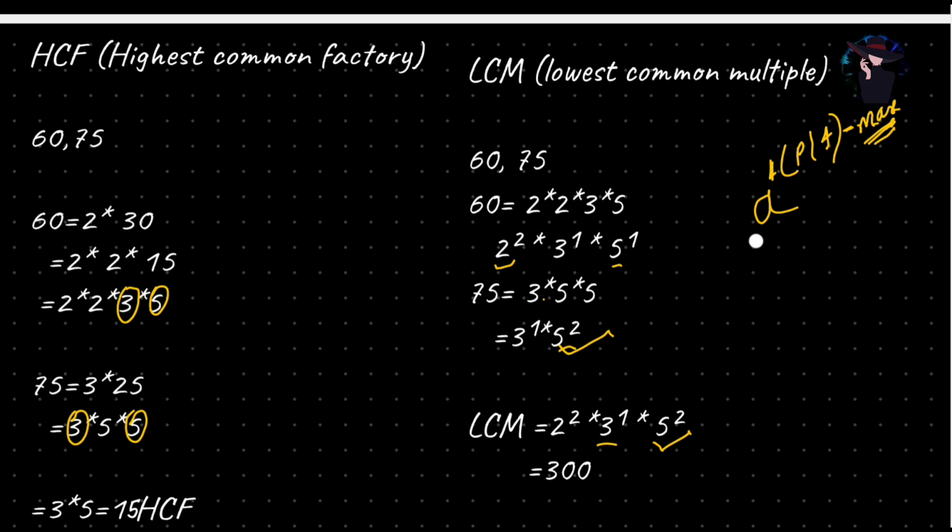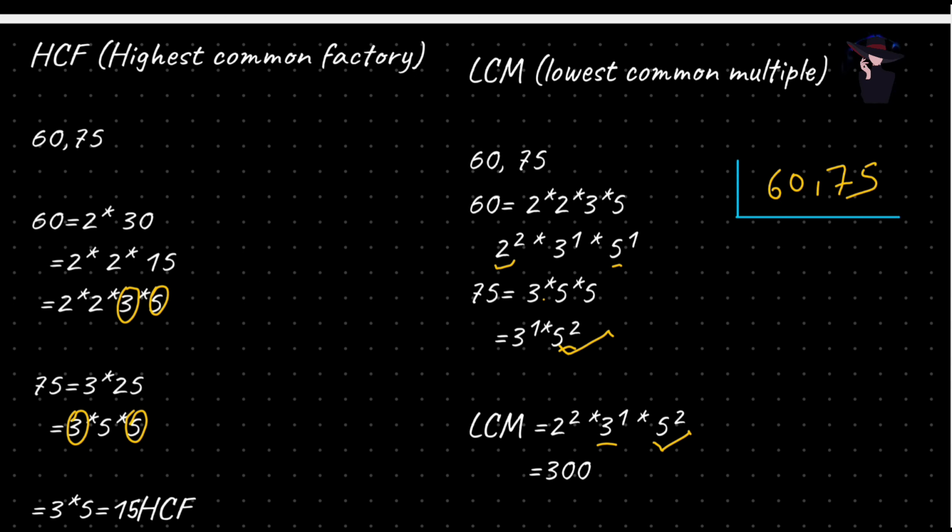The best way to find LCM is using the ladder method. I'll just show you. Let's take the values 60 and 75. Let's take 2. 2 30s are 60, 75 as it is. 2 15s are 30, 75 as it is again.